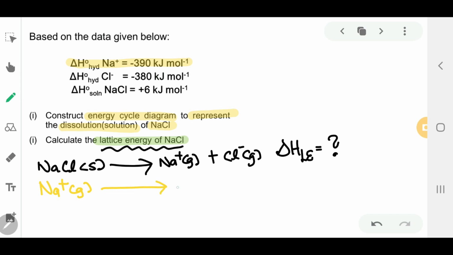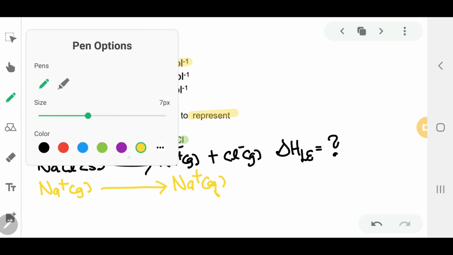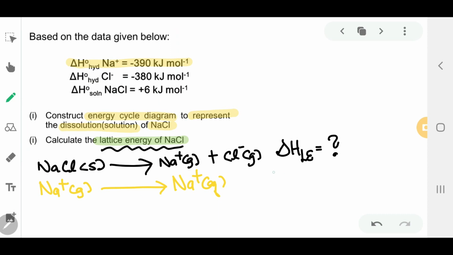That one will be hydrated and changes to Na⁺ aqueous. So you don't have to write water into that. People will automatically know that this is for the hydration of sodium ion, the one that you have on top. And the energy is delta H hydration equals negative 390 kilojoule per mole.